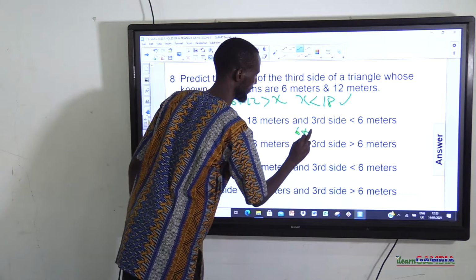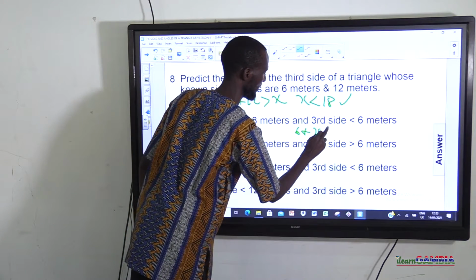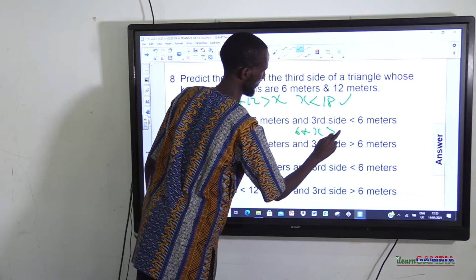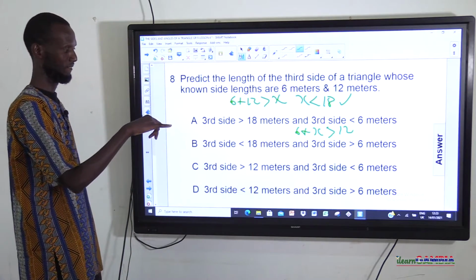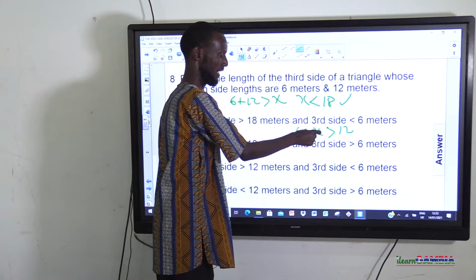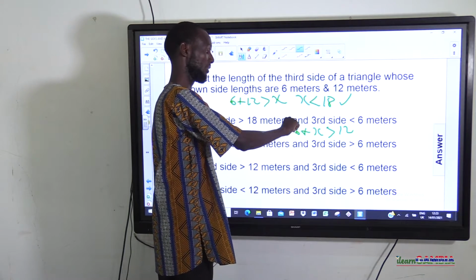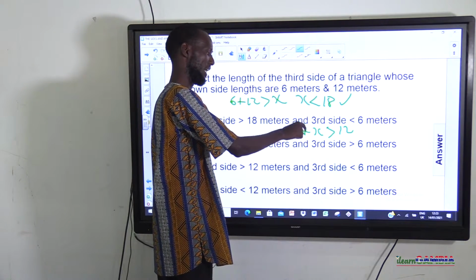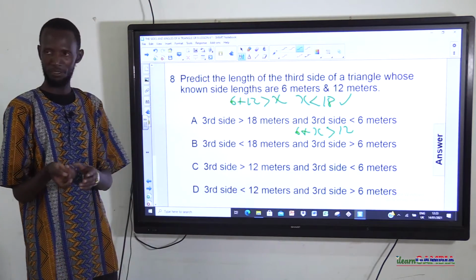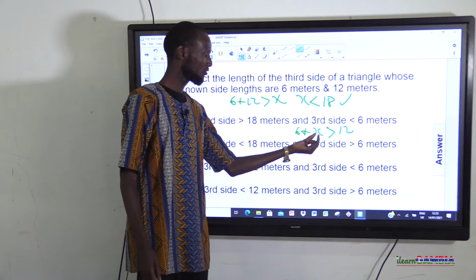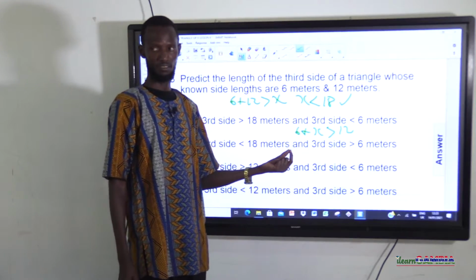Then 6 plus the same x has to be greater than 12. Right? What possible numbers can I fix here and add to 6 and get a value greater than 12? Simply means that our x has to be greater than 6.